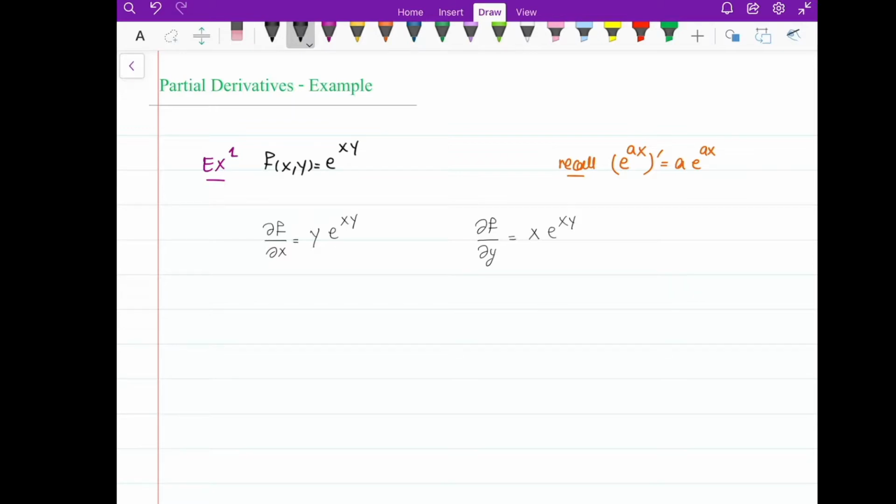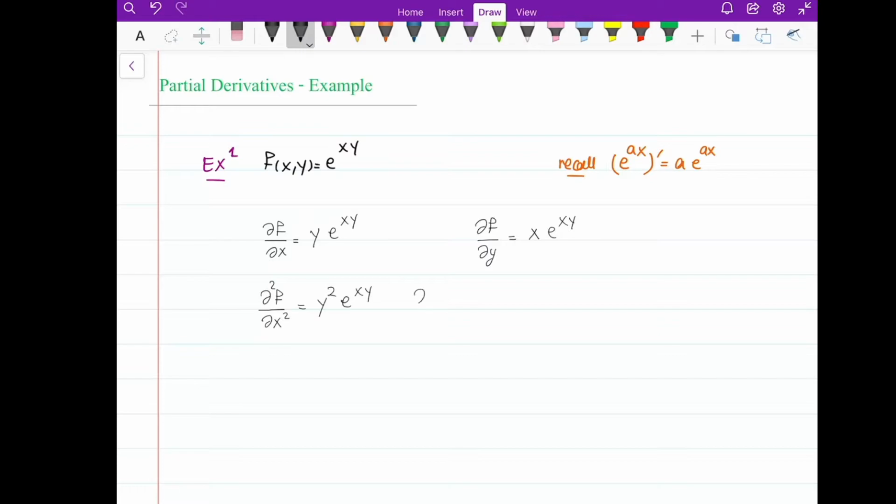Now if I want to find the second partial derivative with respect to x, you see this is a function of x and y, so I can take the derivative of that with respect to x. y is a constant, so I just write y and then take the derivative with respect to x, so I get another y e to the xy.